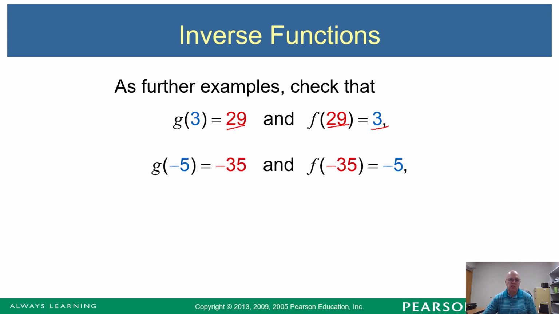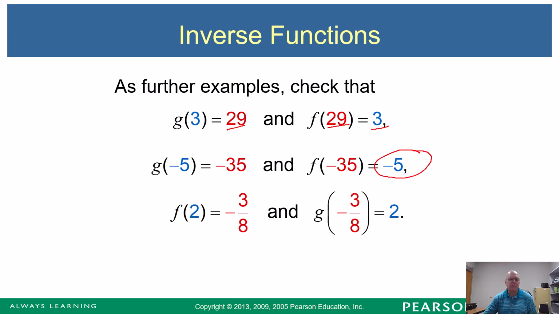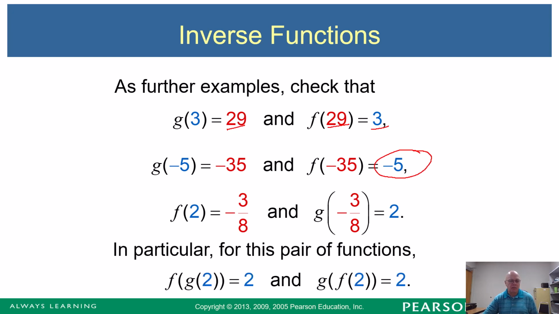Go to one function, take that result to the other function, and you get the same number back again. You could try with fractions, anything you like. If they're inverse functions, that means they're one-to-one functions. They're inverse, they undo each other.